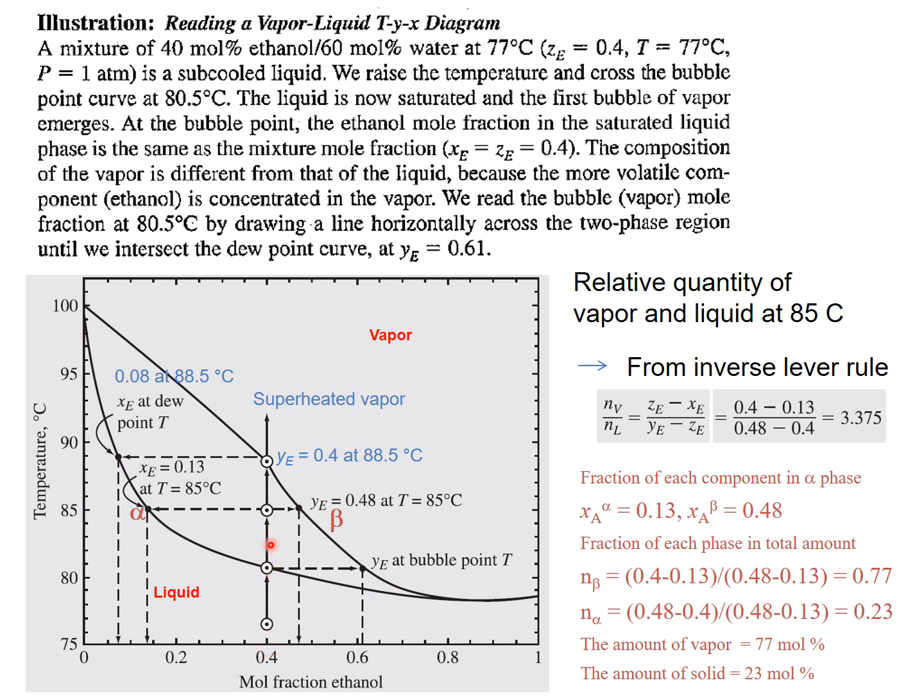Okay, so let me focus on this point. Right now we are on the boundary of the two-phase region. So let me consider this point like a point in the two-phase region. It means we will split this single point into 2 points.